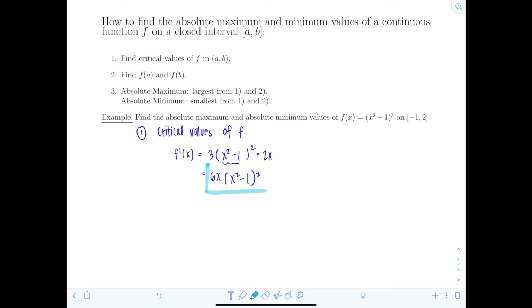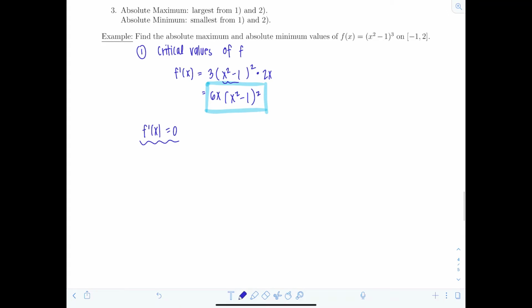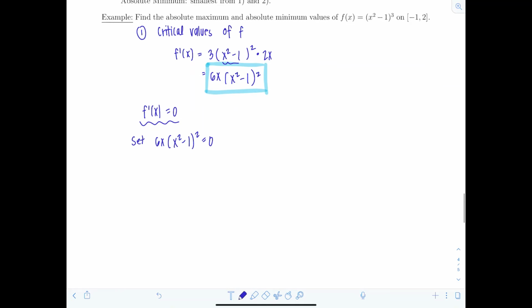Now, we need to find the critical values, and those come from two places. The first one is where f prime of x is equal to 0. So I'm going to set 6x times x squared minus 1 squared equal to 0. And then to solve this, I'm going to use the zero product property, right?